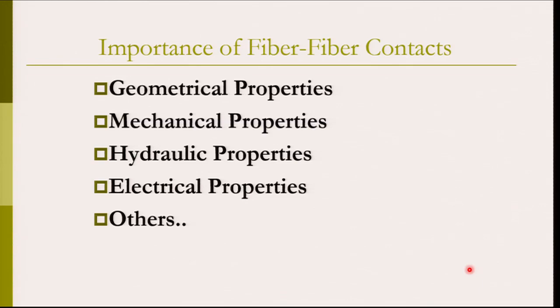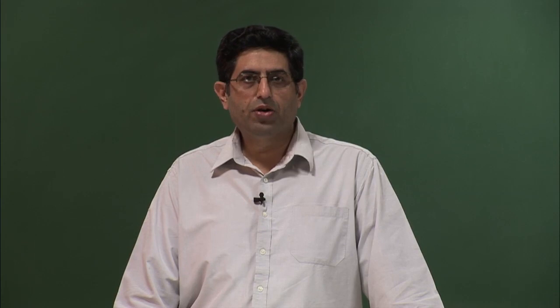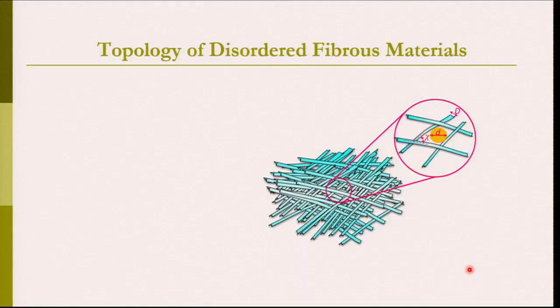This list is not complete. The fiber to fiber contacts can influence other properties which are not listed here. So, there is a significant importance of fiber to fiber contacts that influence various properties of fibrous materials.